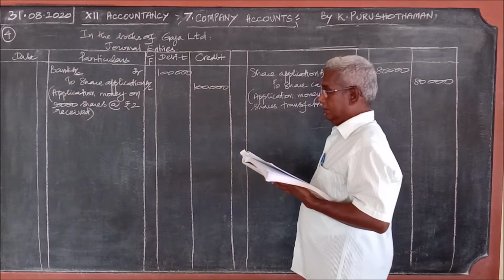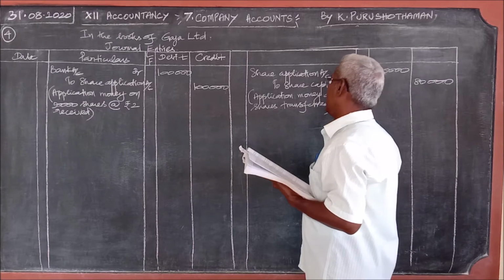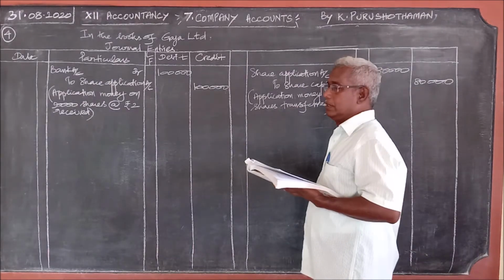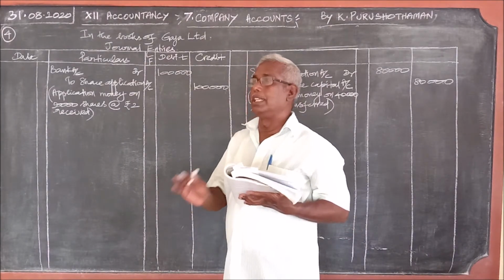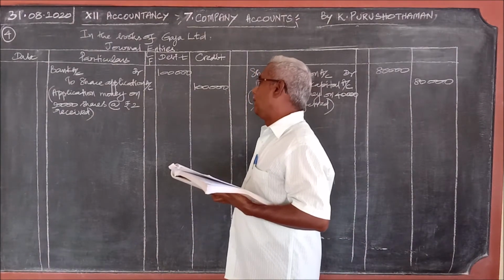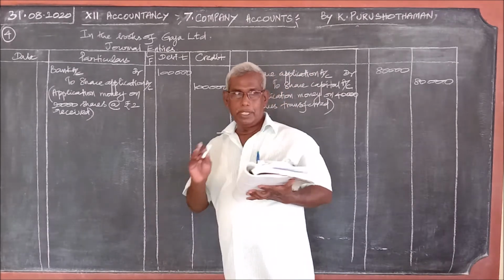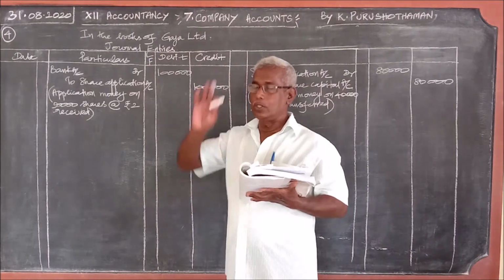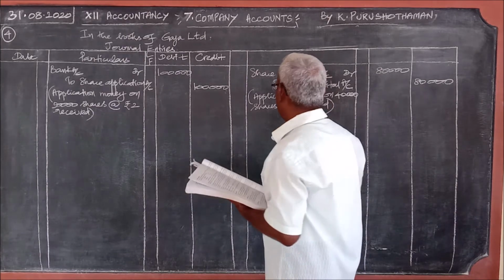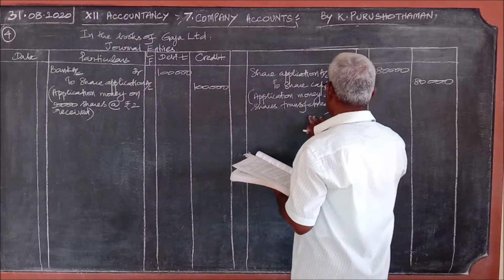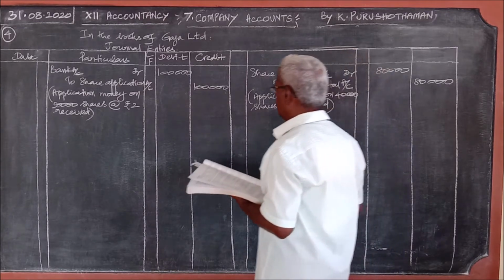You must be very careful because the share application money is transferred to share capital account only for the number of shares issued by the company. Though applications were received for 50,000 shares, the number of shares issued by the company is only 40,000. Therefore, only 40,000 shares' application money will be transferred to share capital. This is very important. You will bear it in mind.